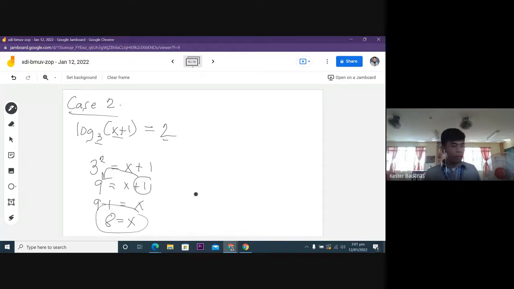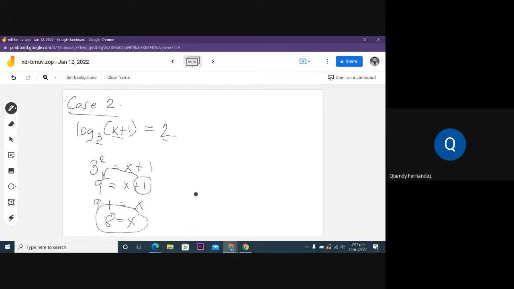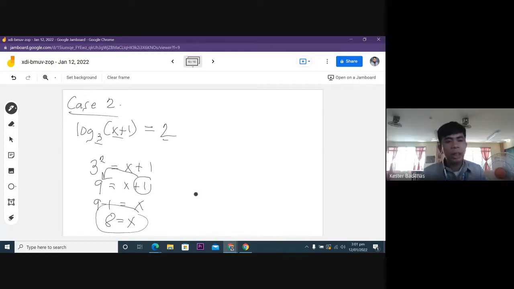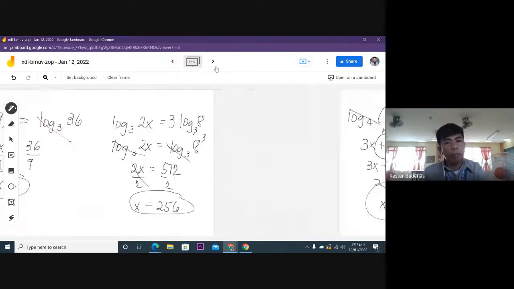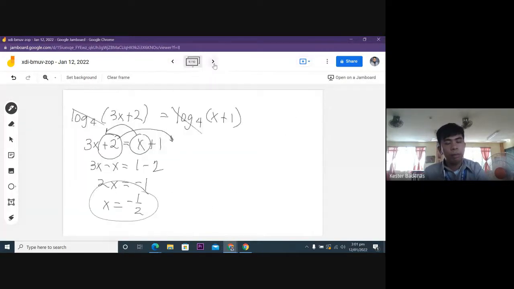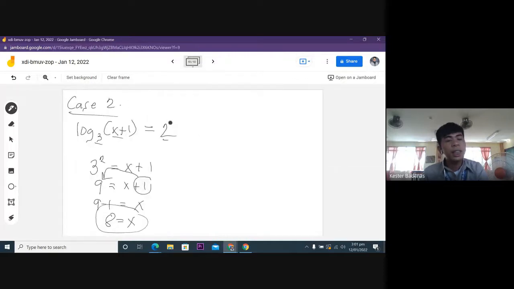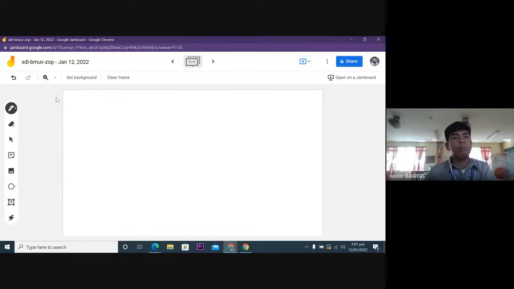Okay? Nakuha yung class, yung concept ng case 2? Opo. Yes, sir. Okay. I-transform nyo lang to its exponential form. Yung case 1, both may logarithm. Yung case 2, isang side ng equation lang. What if ganito?